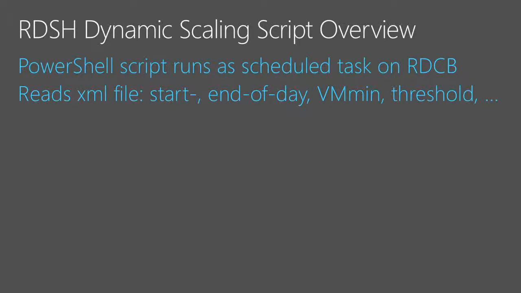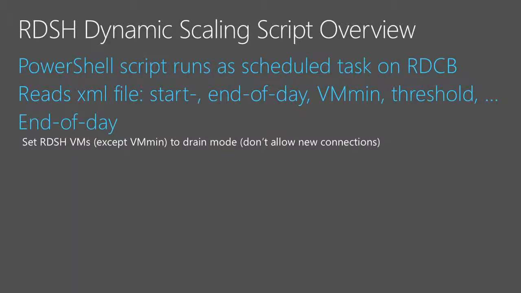As soon as users cross over a certain threshold, which we define in terms of users per core, per virtual CPU, then you're telling the script to start spinning RDSH VMs back up. So at the end of the day, what the script will do, once it discovers it's after hours, is it's going to set all the VMs to what we call drain mode, the RDSH VMs. So that means they're not going to let any new connections in.